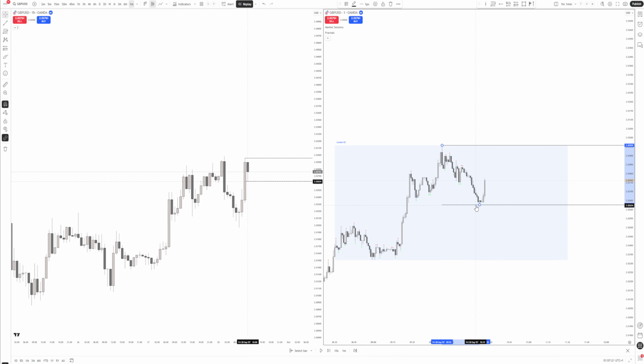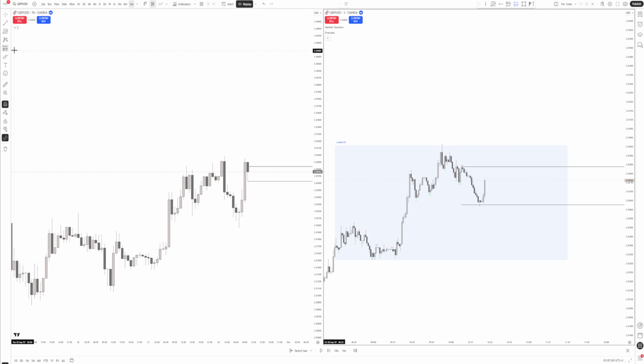And where did this low start? It started here, because that was what broke that low. So now that is the new external high and the new external low. We're still bullish. So that means we are actually looking for what? Price to violate this high here.